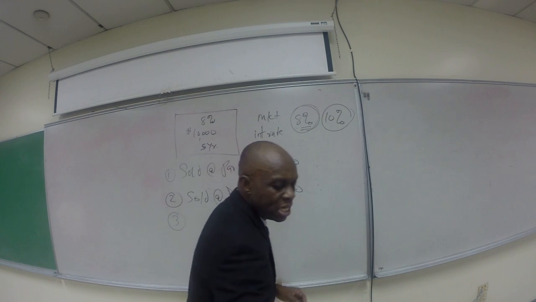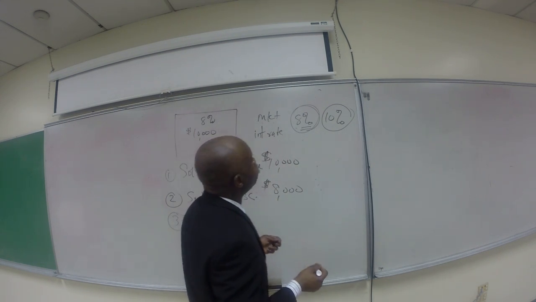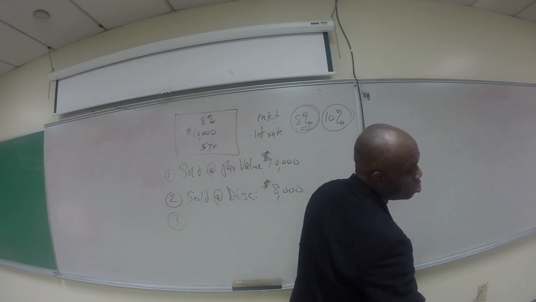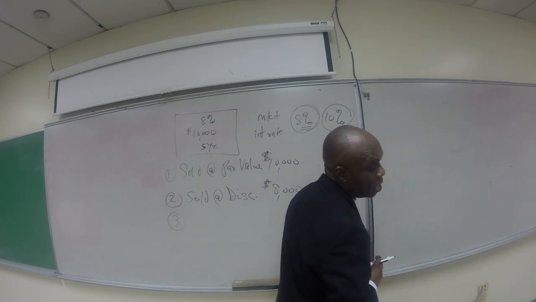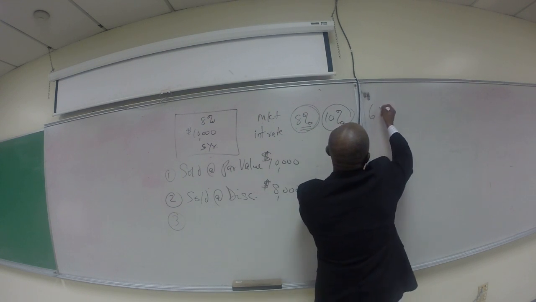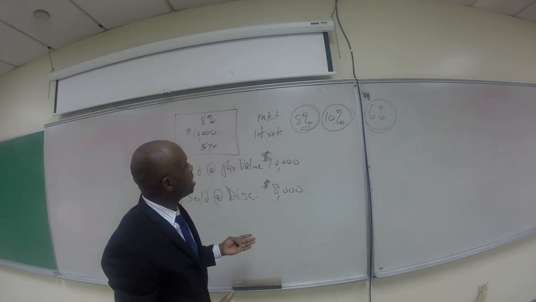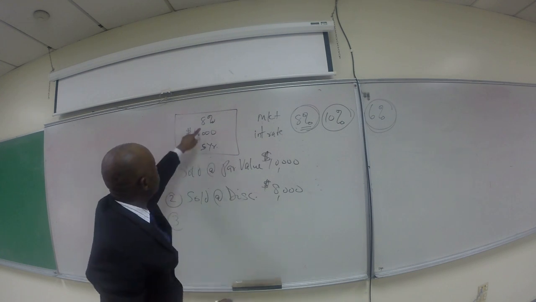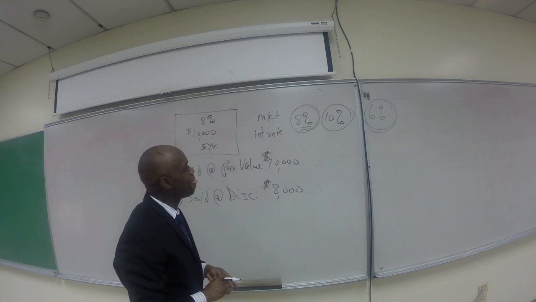So let's take a look at what happened. Another 9 months later, guess what happened? The market interest rate went down to, let's say, 6%. So the market interest rate is now 6%. Now guess what? The company is still in the business of selling this bond. But here's the trick.